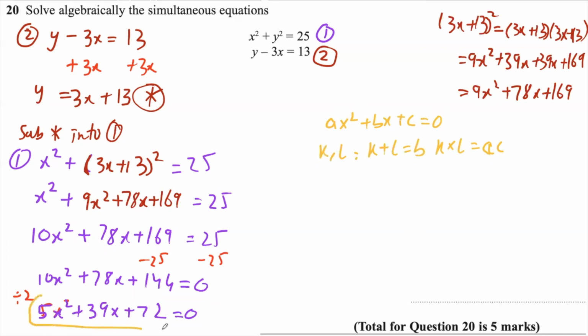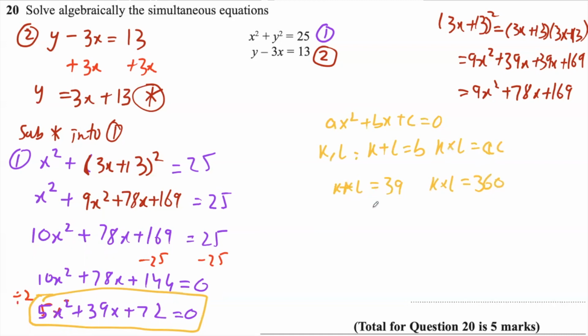Now in this case, we're going to apply that concept on this. So we need two numbers k and l such that k plus l should be equal to the middle number, which is 39, and k times l should be 5 times 72, which is 360, right? A times c is 5 times 72, which is 360.